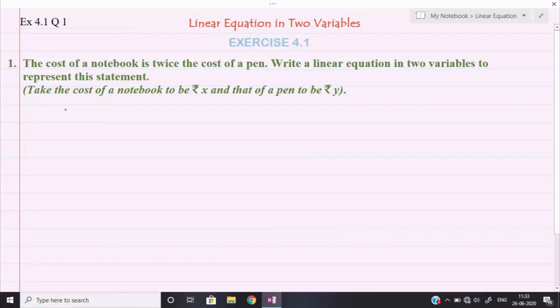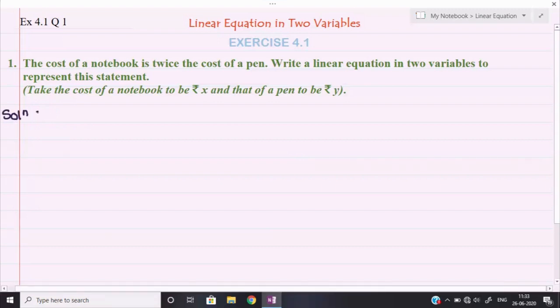In this question the instruction given to us is to take the cost of the notebook as rupees x and the pen as rupees y. So first of all, in the solution, I will suppose the notebook and the pen cost.